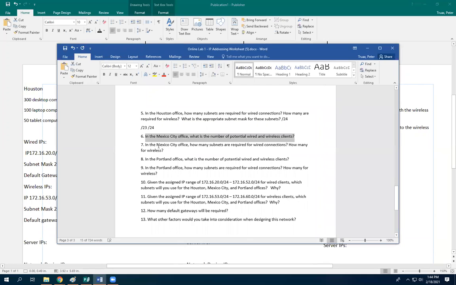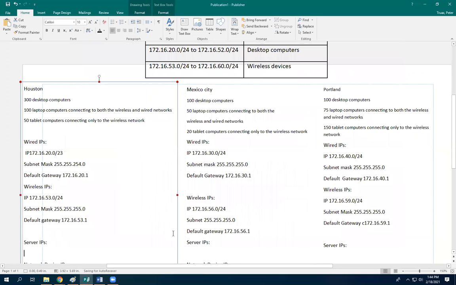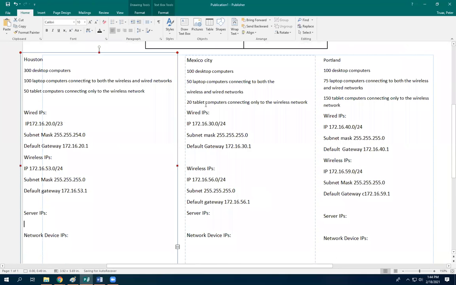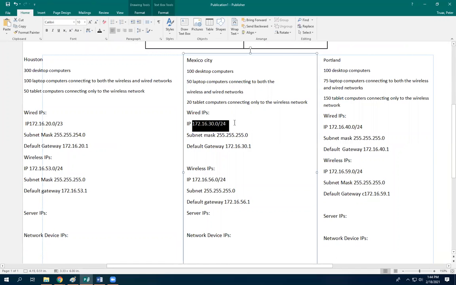All right, and then how many subnets are required for wired connections and how many for wireless? I think we already covered that a little bit. Looks like only 1 subnet, even if you're doing the Microsoft subnetting style of classful subnetting. So 1 subnet per is all you need.